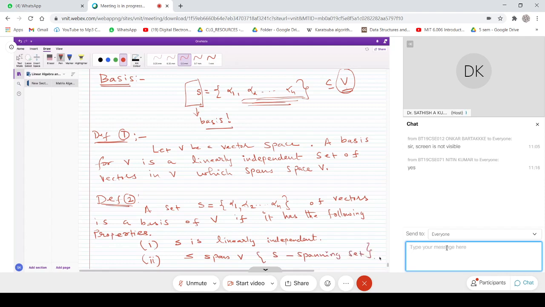So S must be a spanning set and S must be linearly independent. If these two things hold, then you can say that it is a basis.